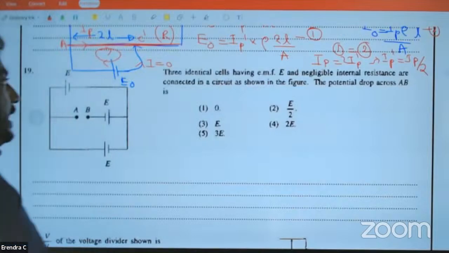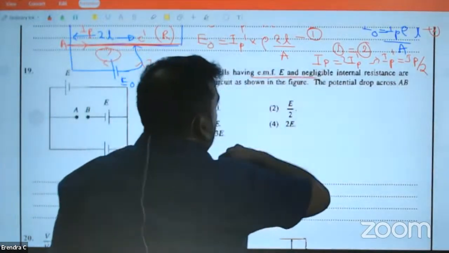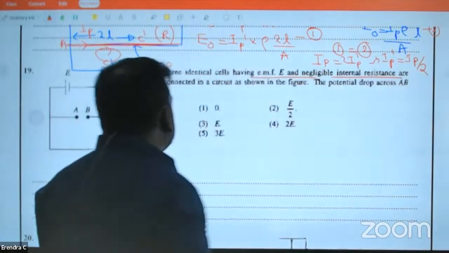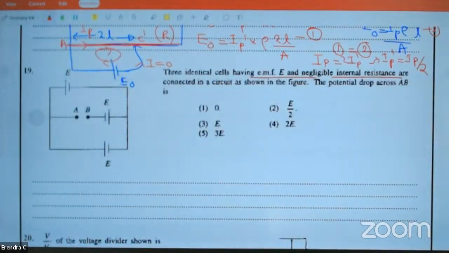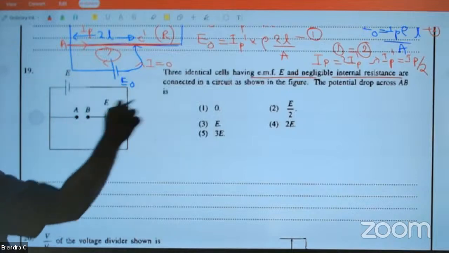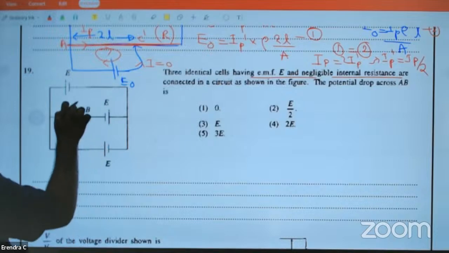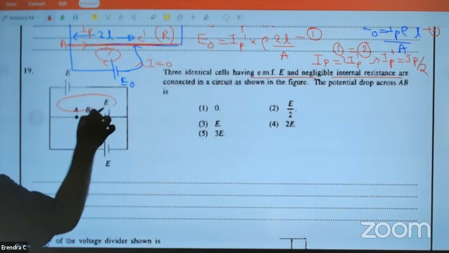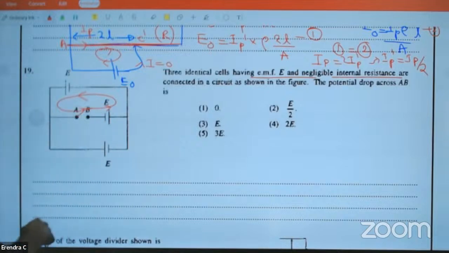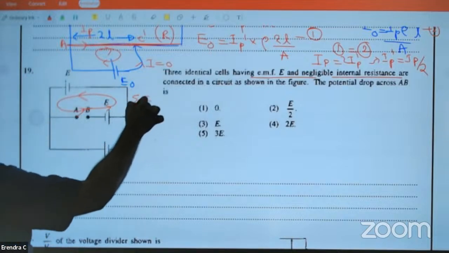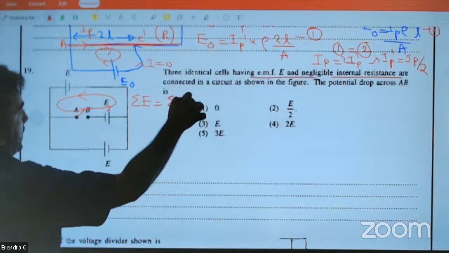Three identical cells, EMF E, negligible internal resistance. They are asking the potential difference across AB. I think you can apply the loop from A to B. Sum of EMFs equals sum of potential differences.